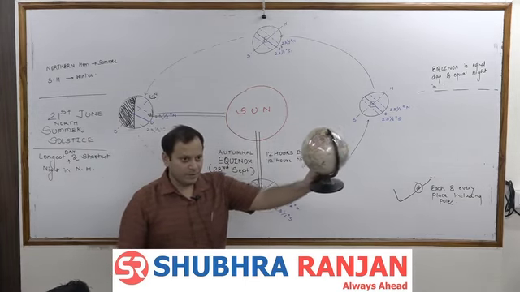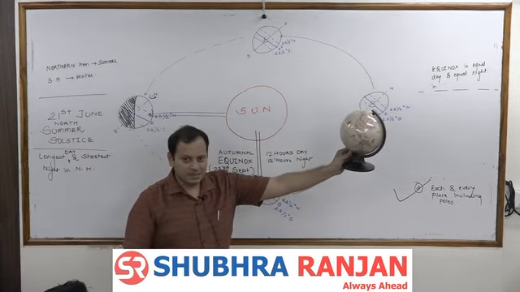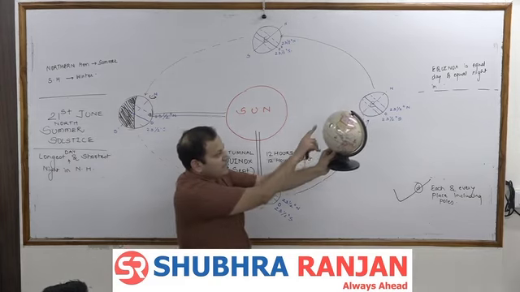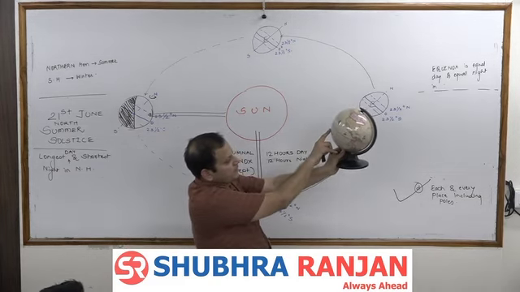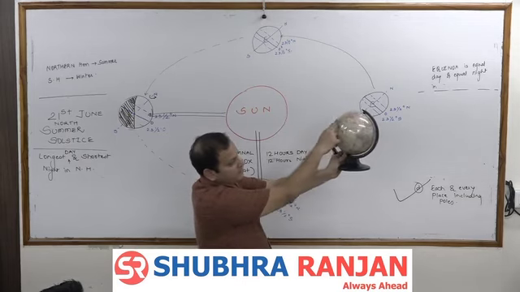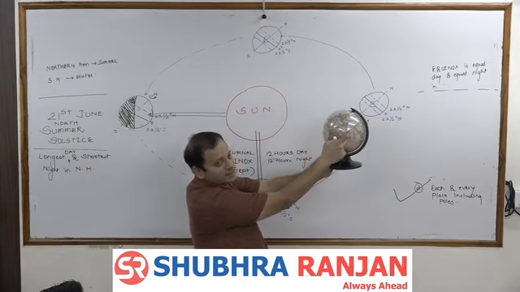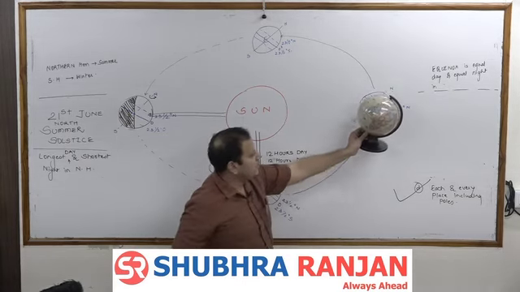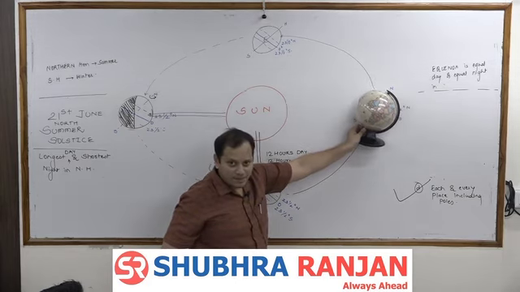Actually we are moving away from the sun, and because the earth is inclined at an axis, maximum sun rays are falling on the, this is the Tropic of Capricorn. We are here. Where is India? India is here. But the sun rays are now falling on the Tropic of Capricorn.